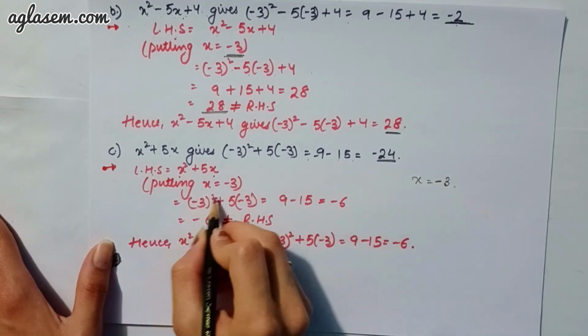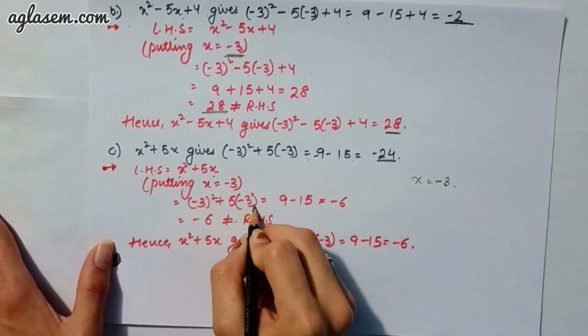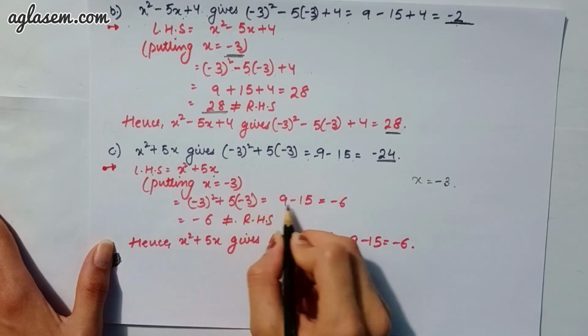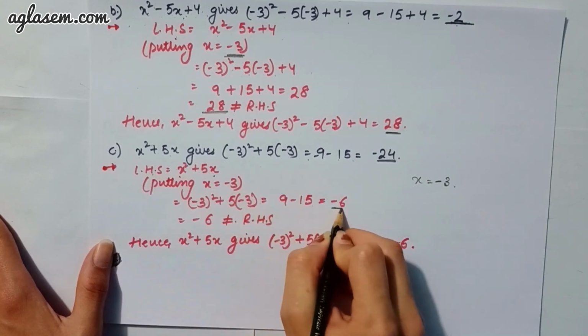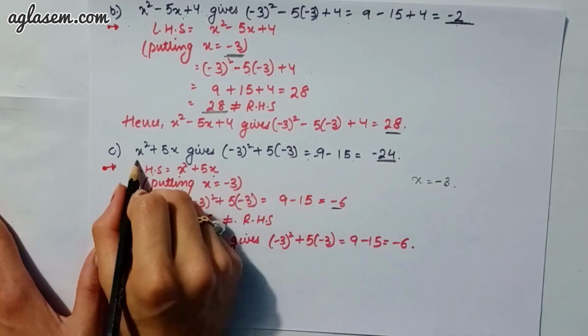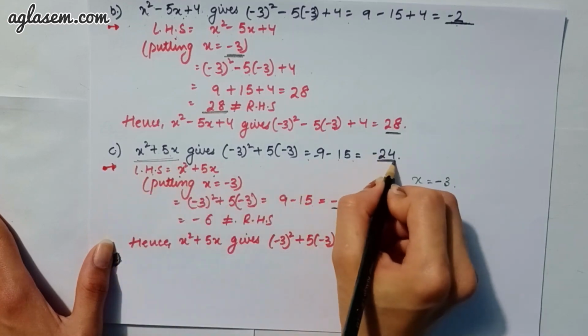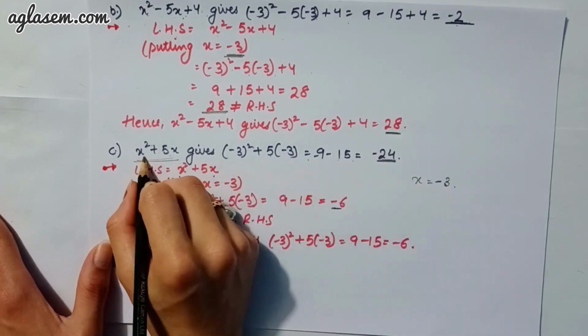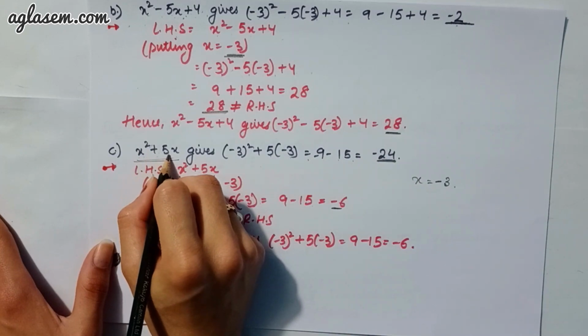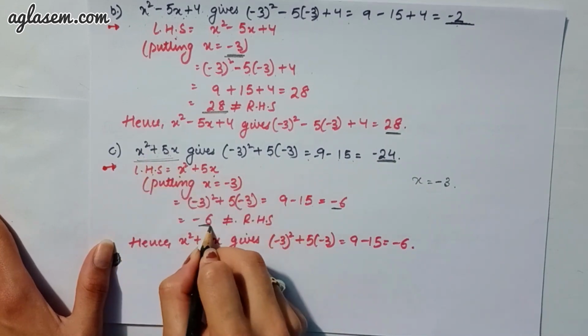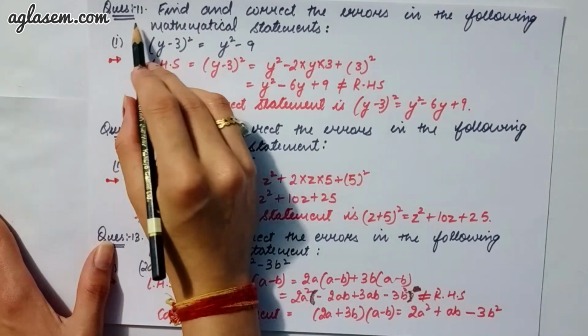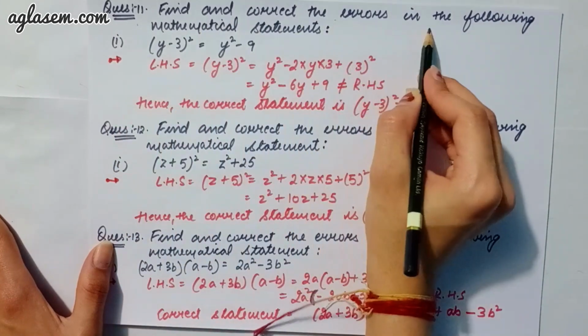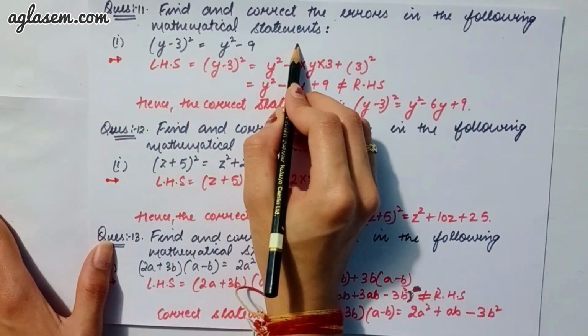So (-3)² + 5 into -3 equals 9 - 15, that is -6, which means LHS is not equal to RHS, and the correct statement is x² + 5x is equal to -6.